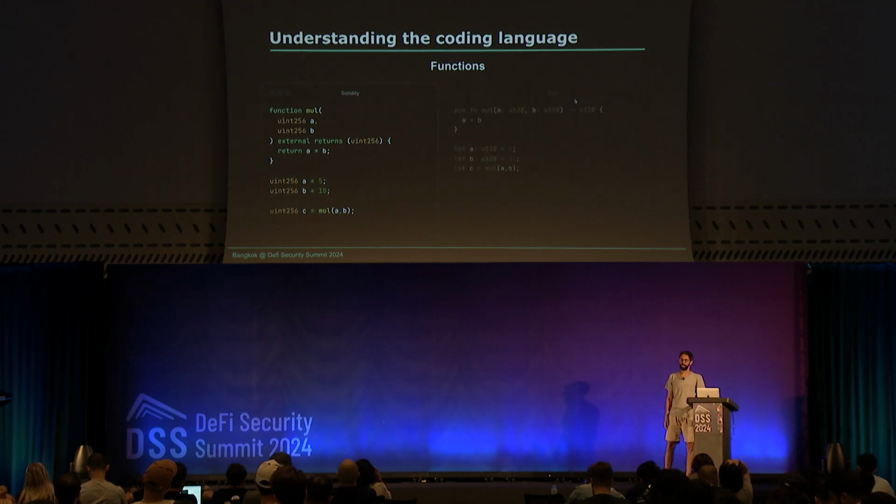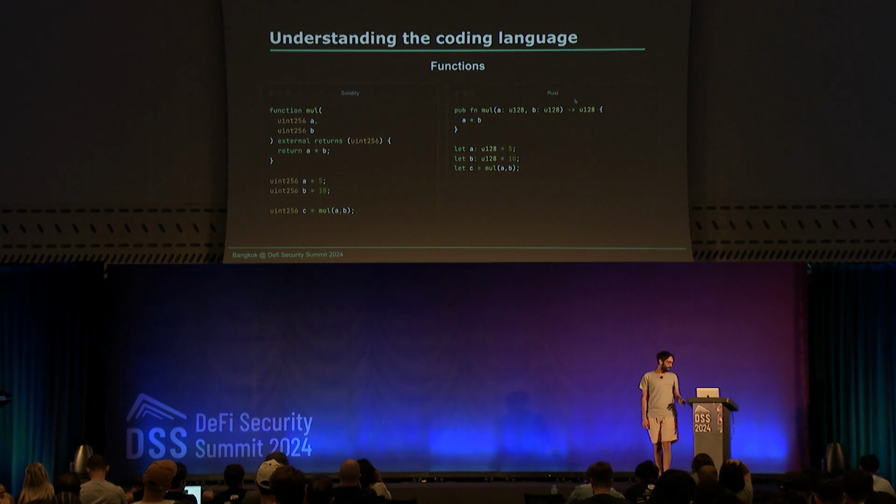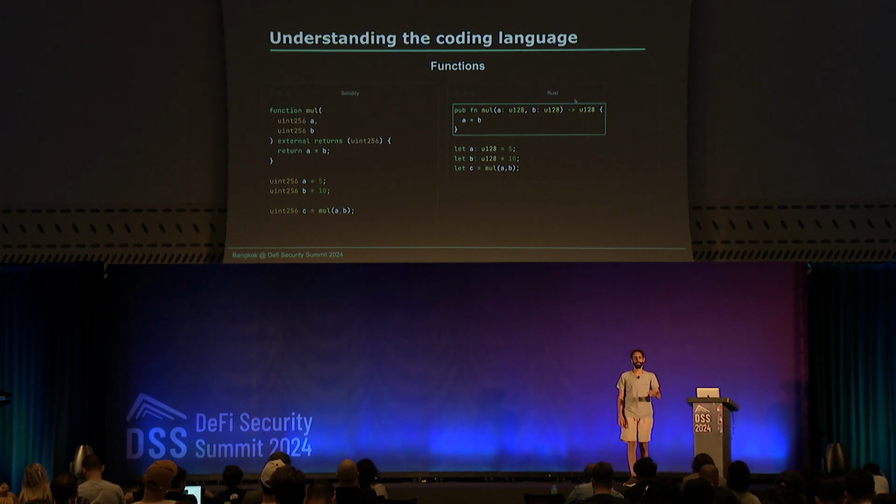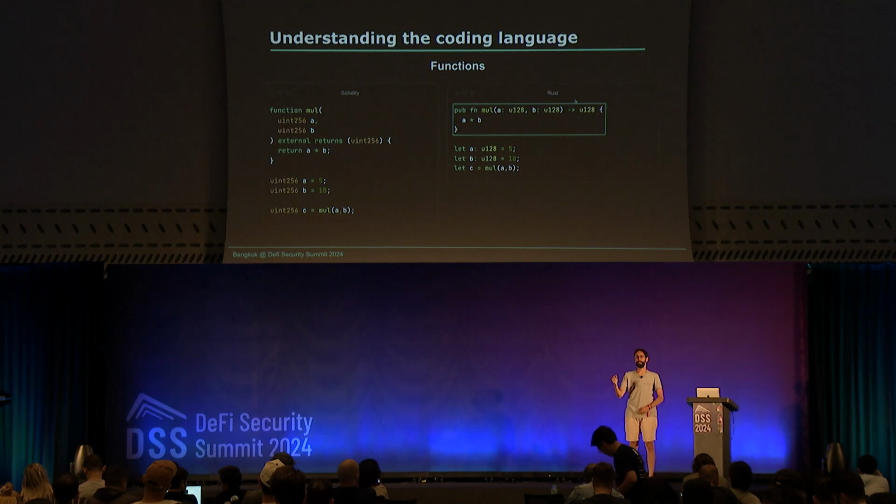Now take a look at Rust. We also have the visibility first, so it's a public function. Then we have the keyword fn, which means function, like function in Solidity. Then we have the name of this function. We also have the input types, a and b, and it's quite similar. We add the type after the name of the variable.